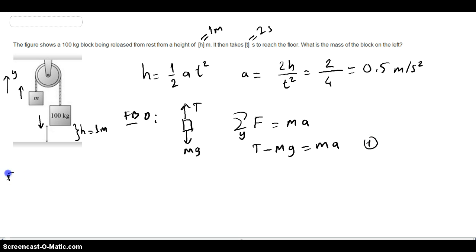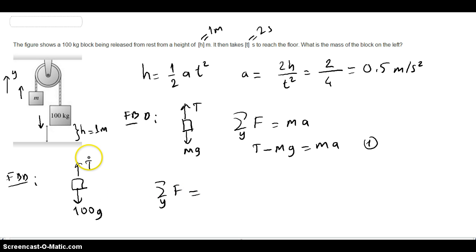If you draw the free body diagram of the second mass, the 100 kilogram mass, the tension is upward and its weight is pulling it downward, but we know the mass, so the weight is 100 g. Let's write down Newton's second law in the y direction for the 100 kilogram mass.